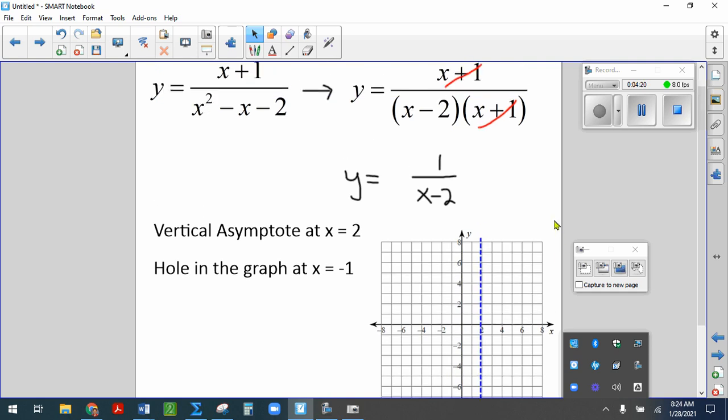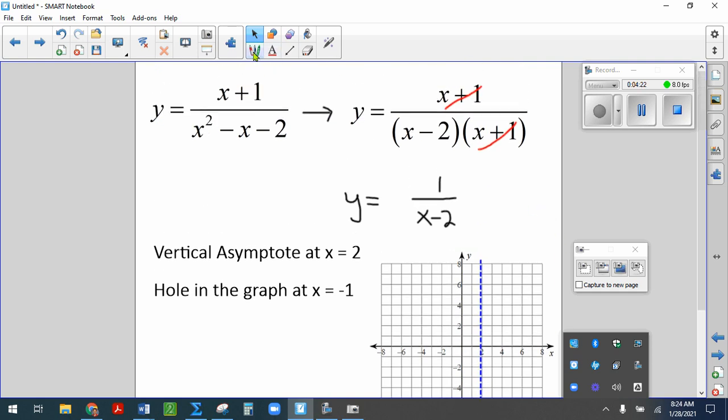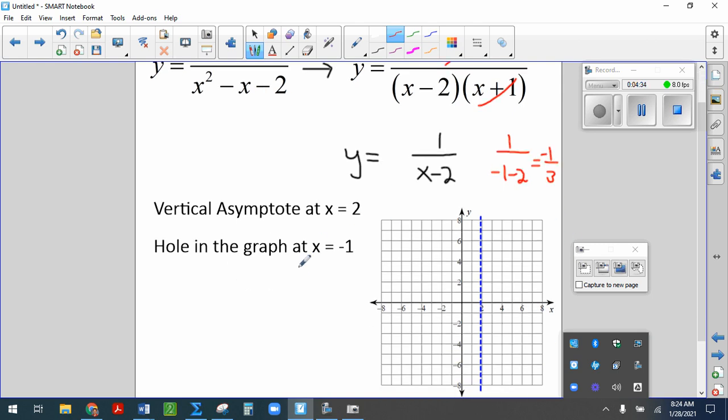And at x equals negative 1, there's a hole. If I plug in negative 1 into this equation, it's going to be 1 over negative 1 minus 2. So that's negative 1/3. So my hole is at negative 1 comma negative 1/3.